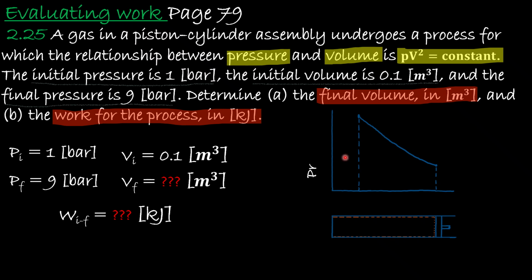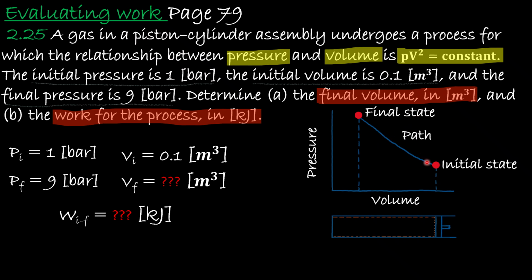So here we have a graph. The vertical is pressure and the horizontal is volume. Here we start with our initial state, and then we have our final equilibrium state right here. Now we connect these 2 points and we call this line the path.